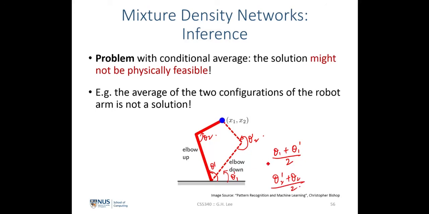So these are not feasible solutions. The actual solutions are either one set of this particular solution over here. Taking the average might end up with a pose of the robot that is infeasible given the constraint of L1 and L2 here.